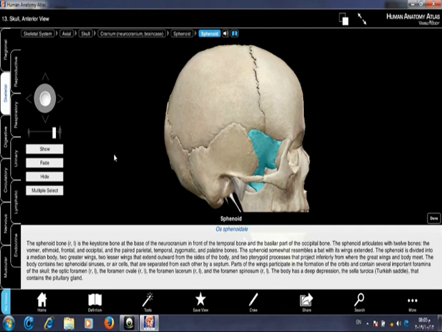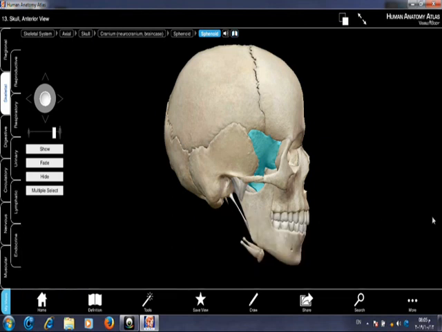The body contains two sphenoidal sinuses, or air cells, that are separated from each other by a septum. Parts of the wings participate in the formation of the orbits and contain several important foramina. The body also contains the pituitary gland. This is called the sphenoid.